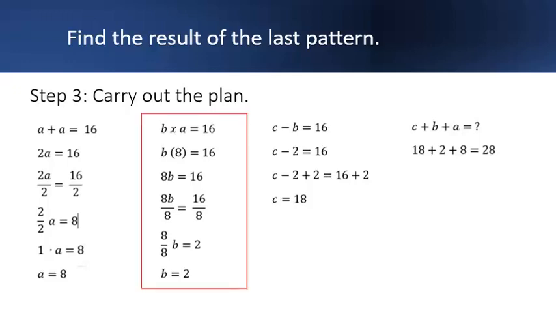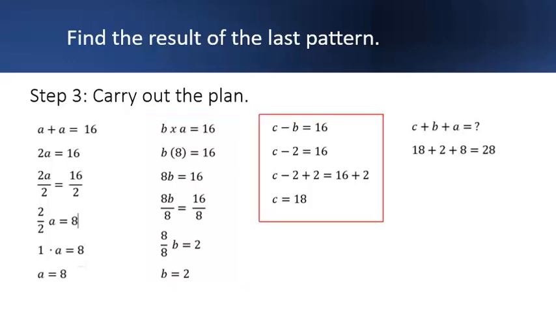For the second mathematical statement, B times A equals 16, we substitute the value of A, which is 8. So we have the equation 8B equals 16. Dividing both sides of the equation by 8 will give us B equals 2.